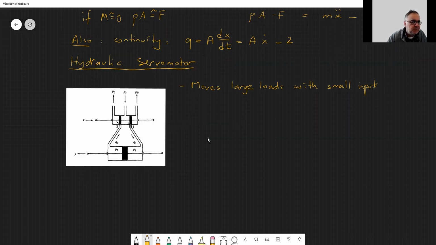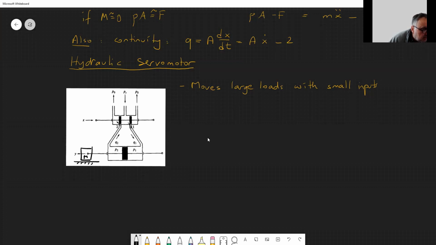Now you have a very small input, let's say X. X is usually your input, okay? And Y will be your output. And let's say that you have a large mass connected to this.